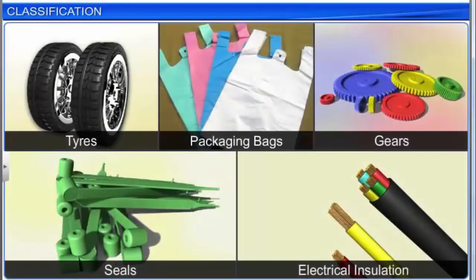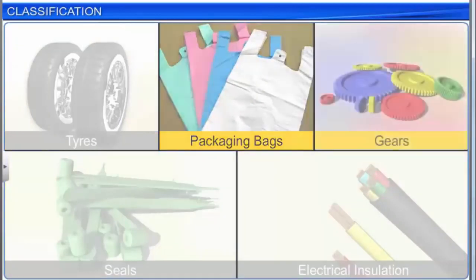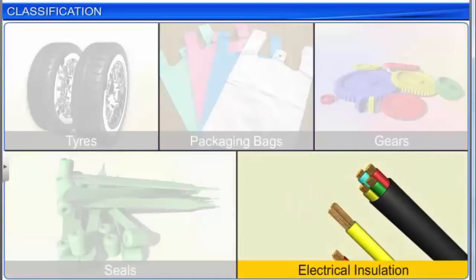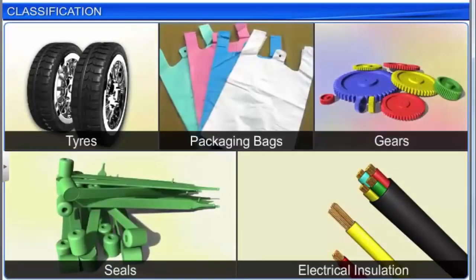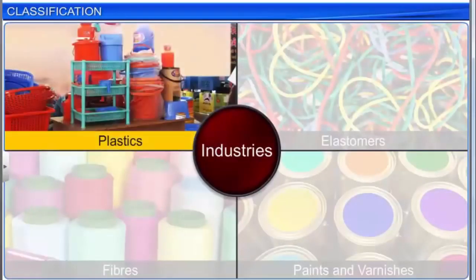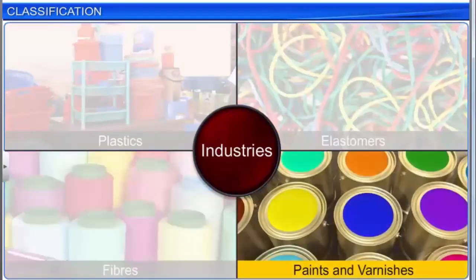Other materials made from polymers include automobile tires, packaging bags, gears, seals, and electrical insulation. Polymers are the basis for 4 major industries: plastics, elastomers, fibers, and paints and varnishes.